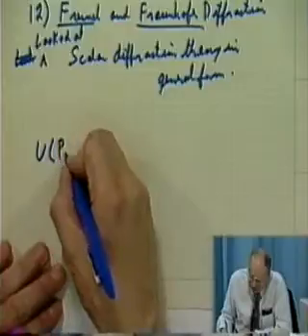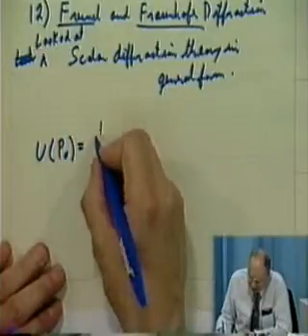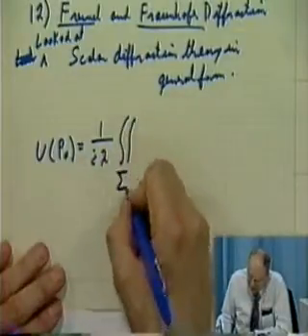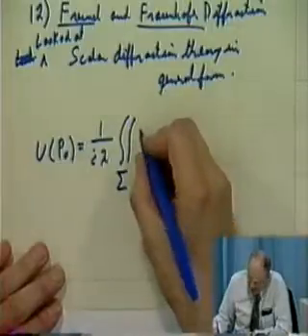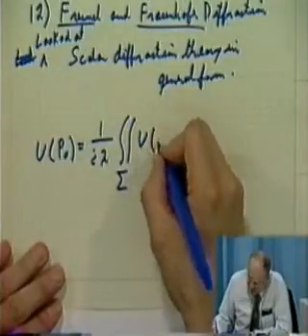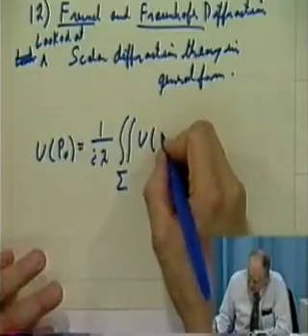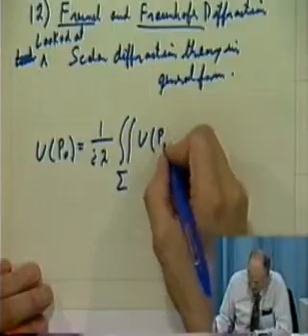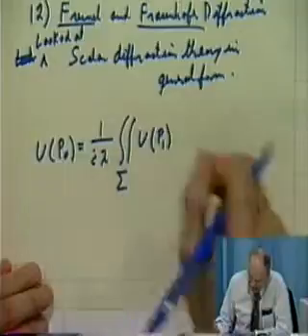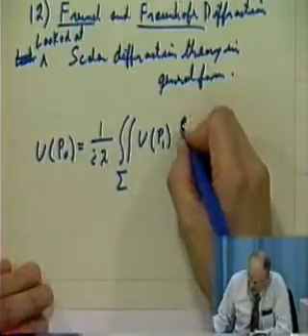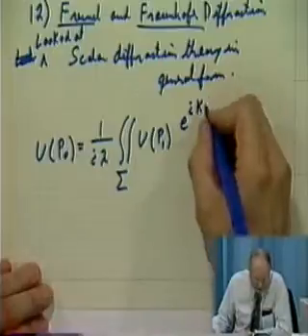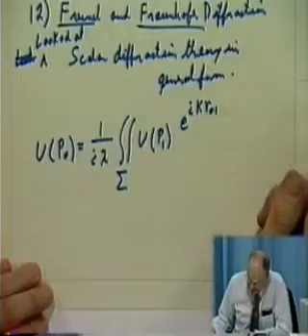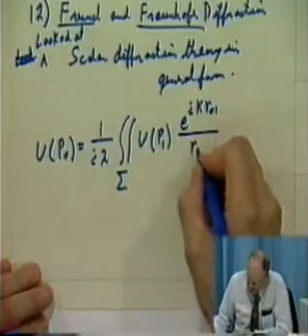We said u at some point p naught was equal to 1 over i lambda times the integral over the open portion of the aperture. We're illuminating this aperture with some wavefront, so we call that u as a function of p1, a point in the aperture. And we had e to the i k r01 over r01.